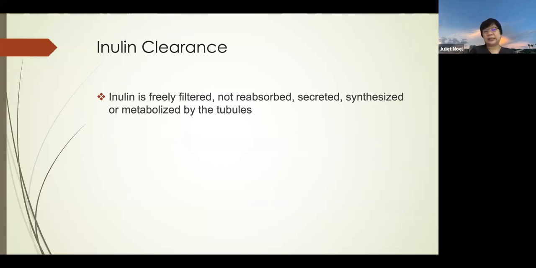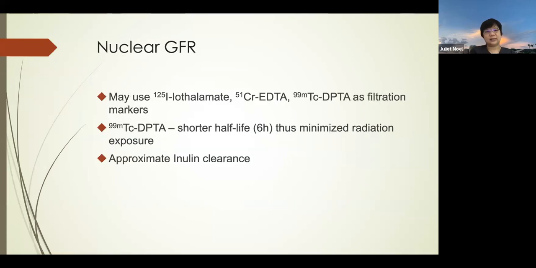So now in clinical practice, we do not use this. It's more for research. So the one that we use that can approximate the inulin clearance is the nuclear GFR.